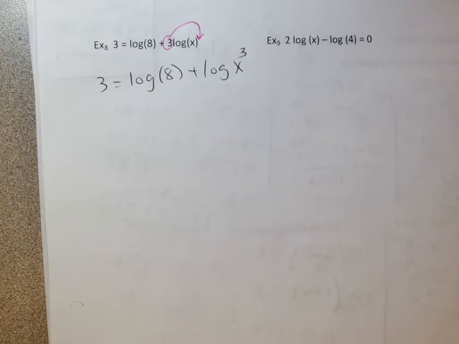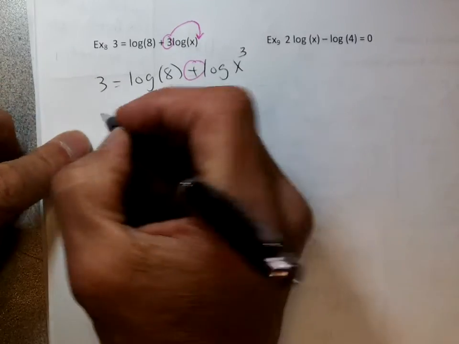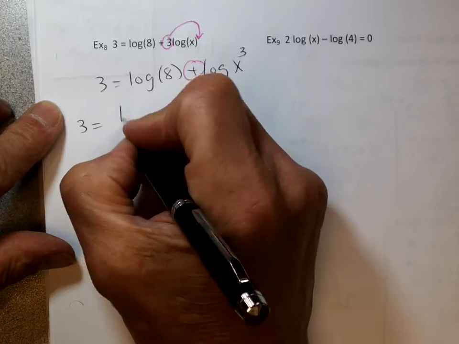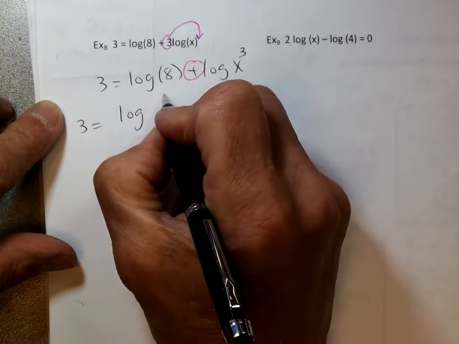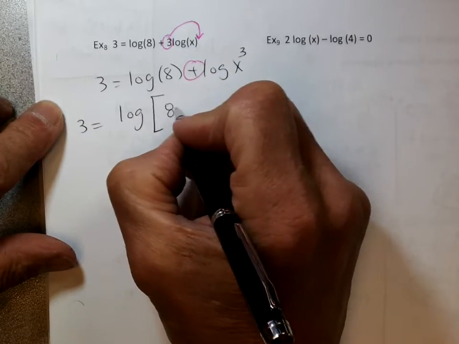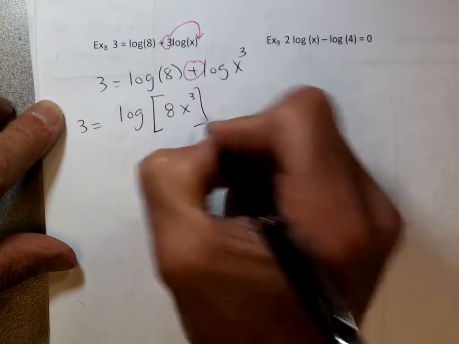Second thing I'm going to do is, because it's plus, I'm bringing them together and combining them as a single log. So we'll go 3 equals log of 8x cubed.